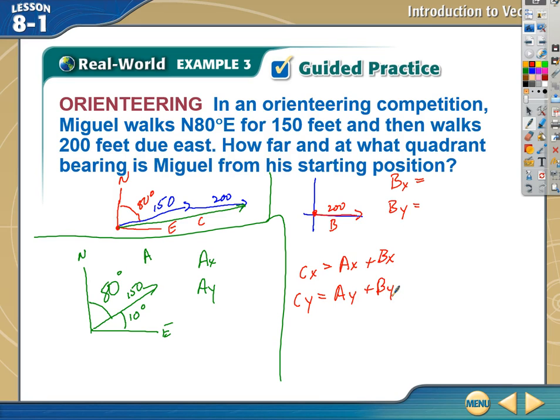Gotta find your magnitude of C. So once you get all this, square root CX squared plus CY squared. And then find your angle and make sure it's the correct angle. Okay.